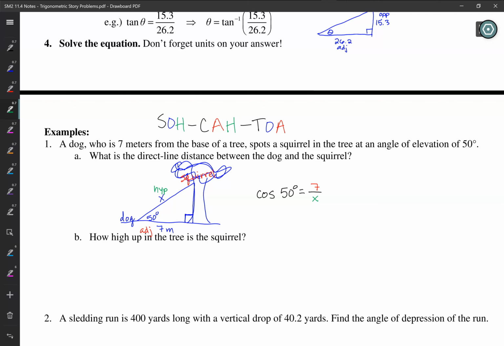X is on the bottom, so this is going to be one of those two-step problems. Multiply both sides by x. And you get x times the cosine of 50 degrees equals 7. And then your second step is to divide both sides by cosine of 50 degrees.